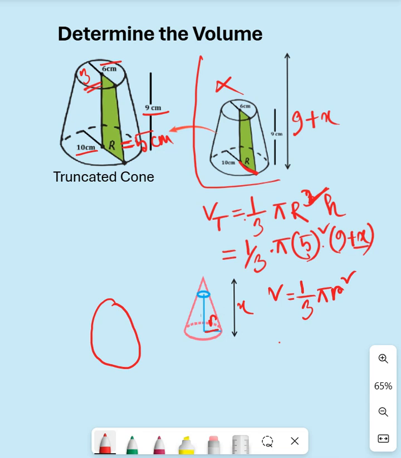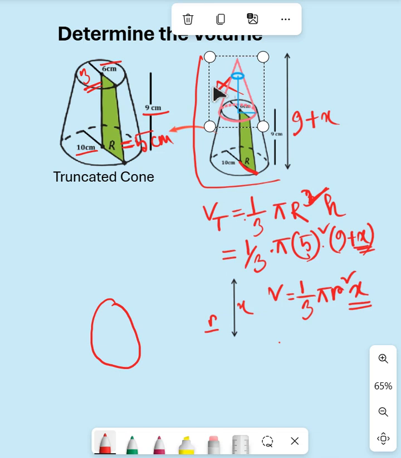I'll plug in a little bit later, and the height is x, right? So in this case also we need the value of x. Indeed, let's find out the value.